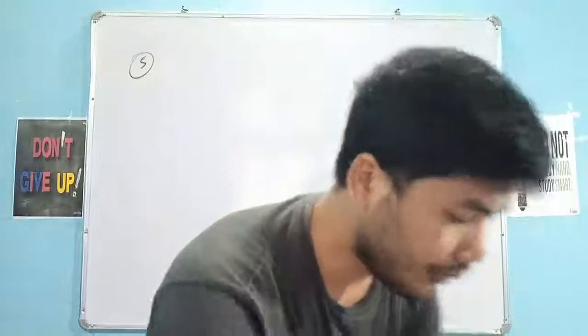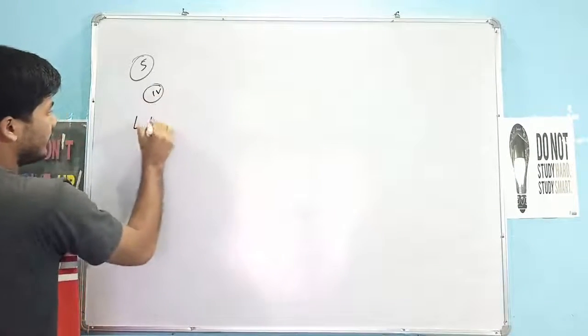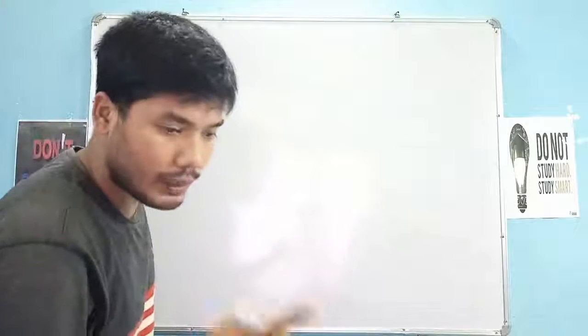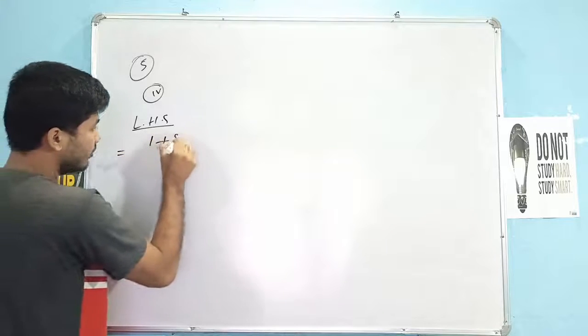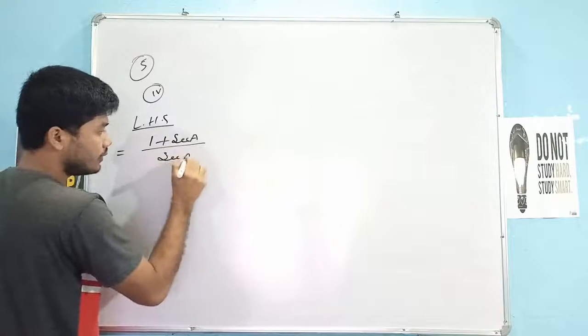Well, okay, we will do it. For the left hand side, what is the left hand side? 1 plus sec a by sec a. Let's solve it. Can we write it like this: 1 by sec a plus sec a by sec a?